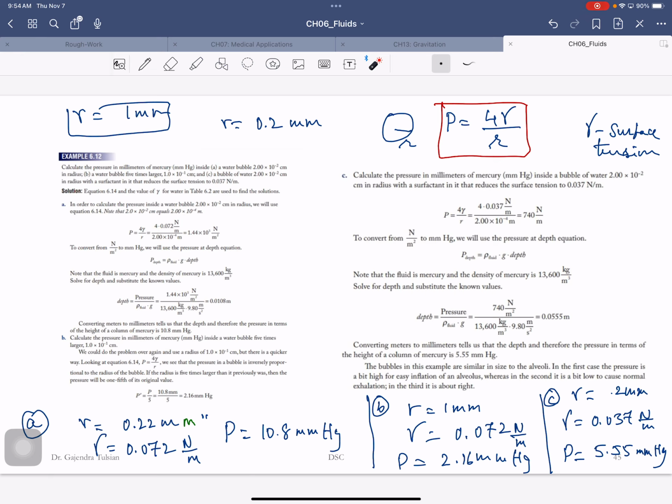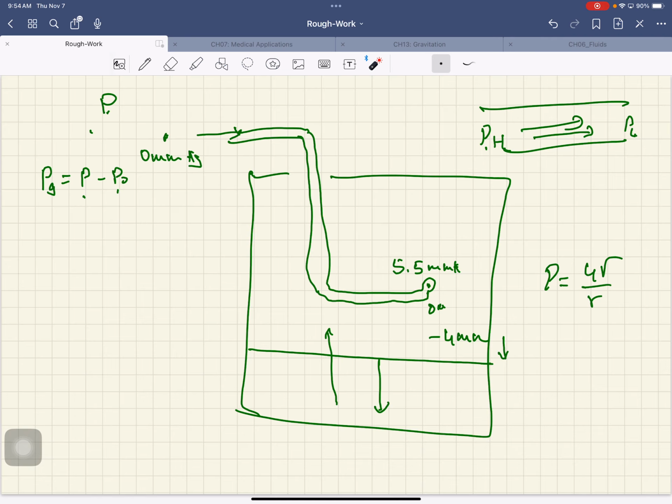So for the emphysema patient, that's 2 millimeters of mercury. Okay, remember the thoracic cavity, the capacity is only to go from -4 to -8 millimeters.